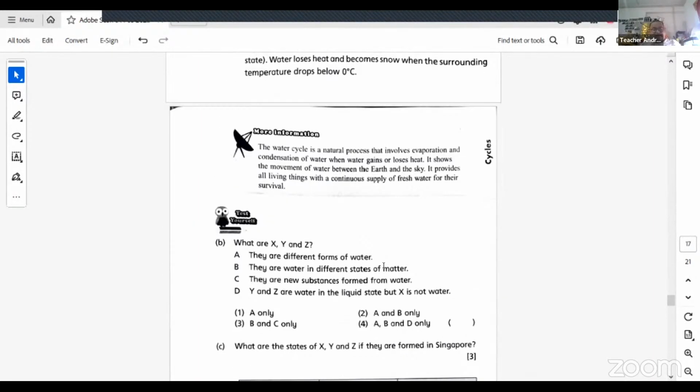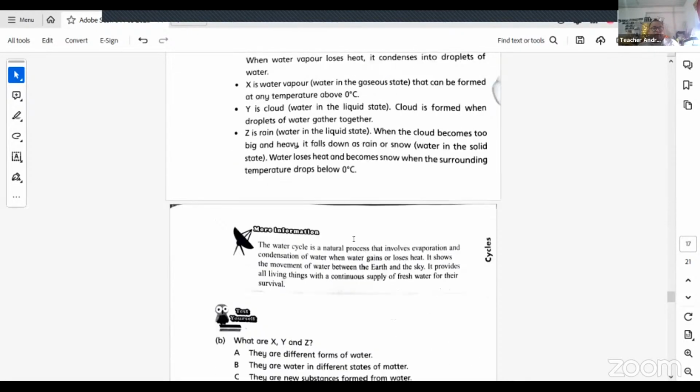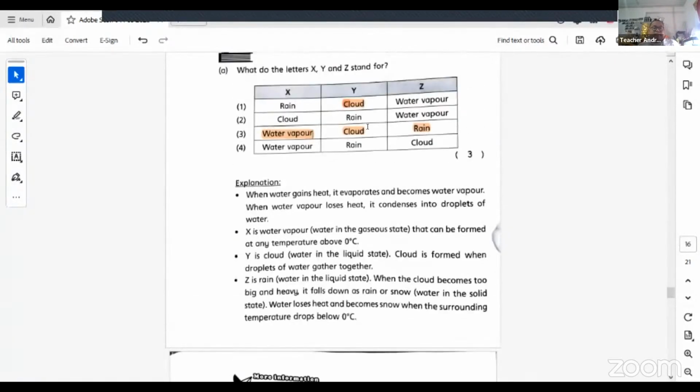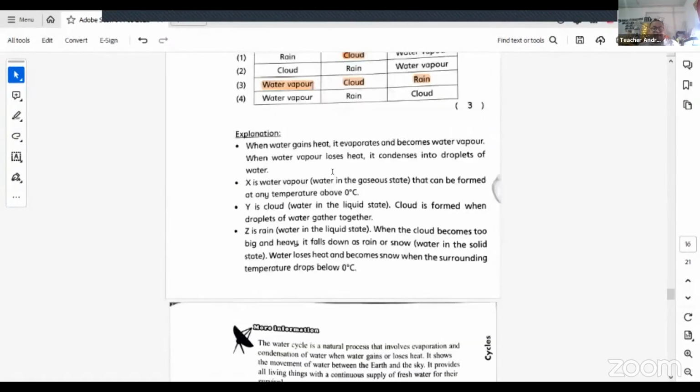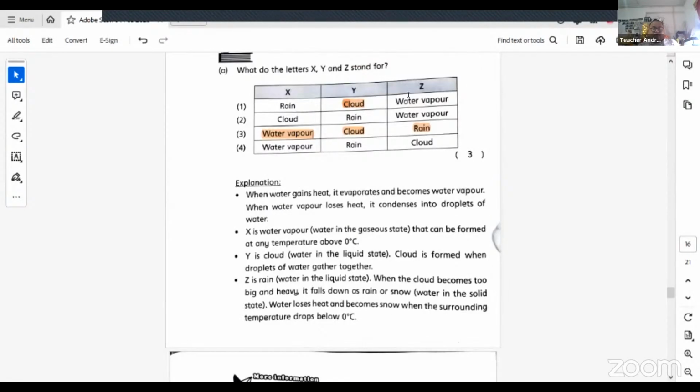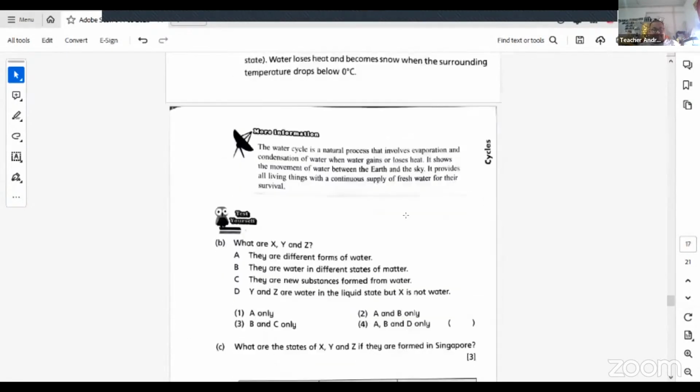Next, they will ask you, what are X, Y, Z? We know that X is water vapor, Y is water droplets, Z is rain. So what should the answer be? We look at the options first. Option A says they are different forms of water.